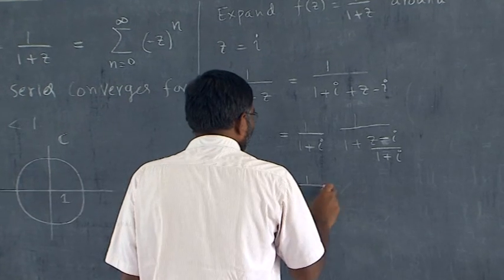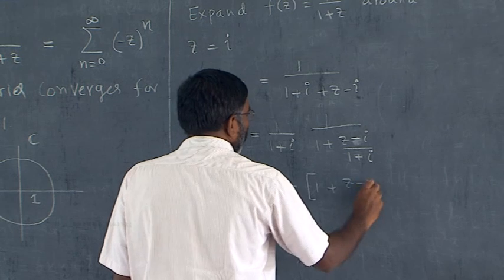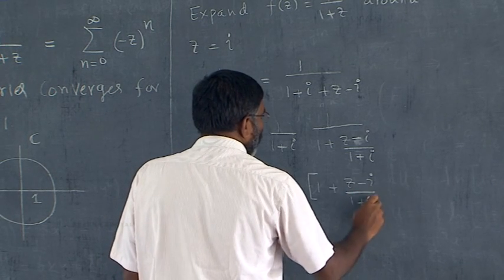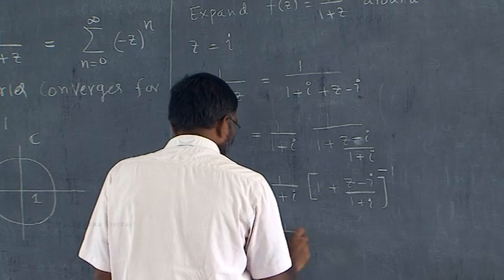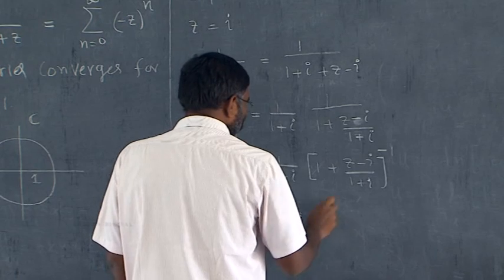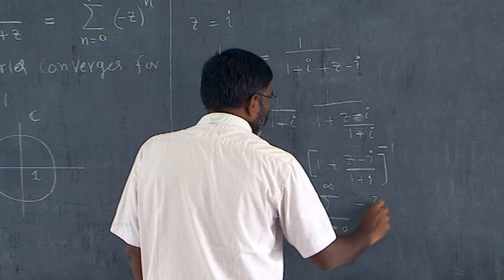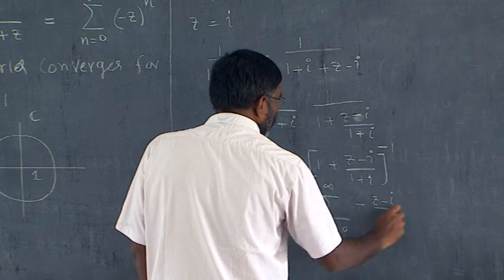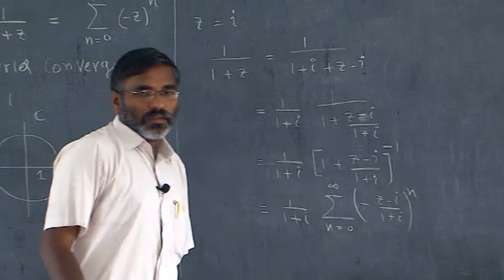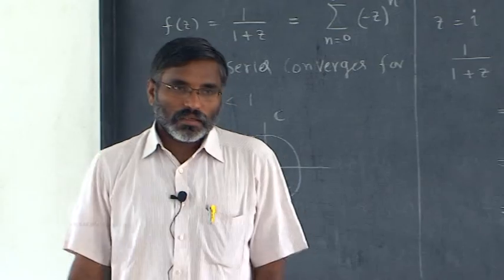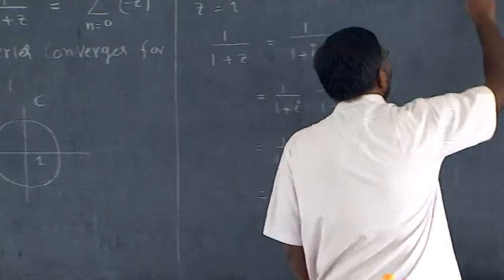This is equal to 1 over 1 plus i into 1 plus (z minus i) by (1 plus i) to the power minus 1, which gives us a series 1 over 1 plus i into the sum over n is equal to 0 to infinity of minus (z minus i) divided by (1 plus i) whole to the power n. Correct?